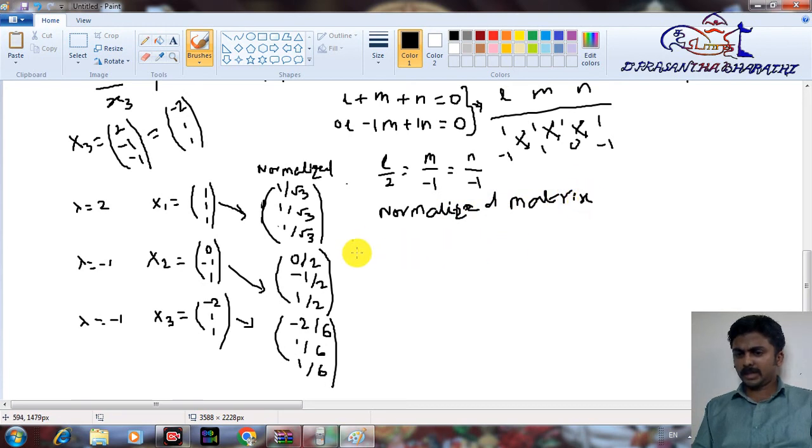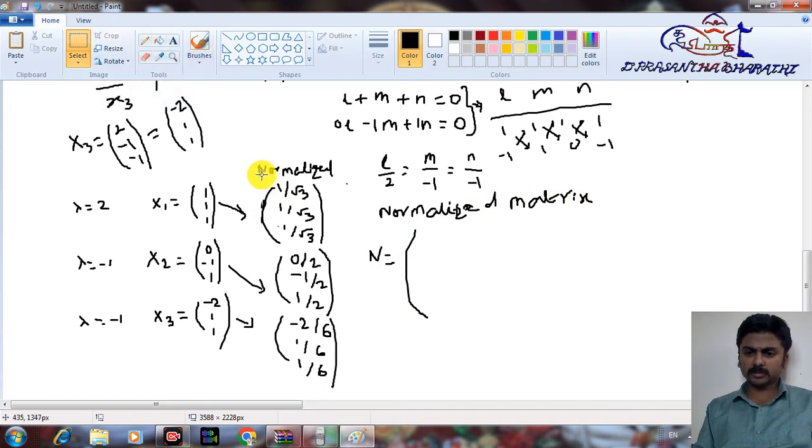The normalized matrix N can be given by the same vectors, the same normalized vectors.